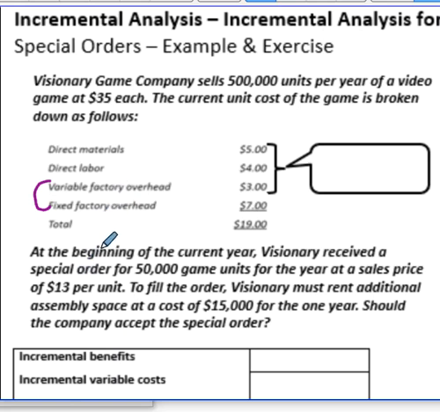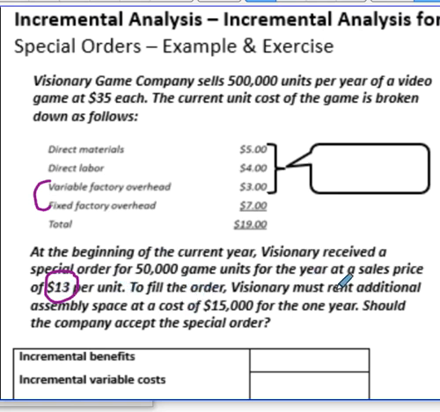In this case, at the beginning of the current year, Visionary received a special order for 50,000 game units. Again, 10% of the total production for the year. But they were told that if they want to sell the 50,000 games, the selling price is going to have to be $13 a unit. Now, we also have to consider another issue here.